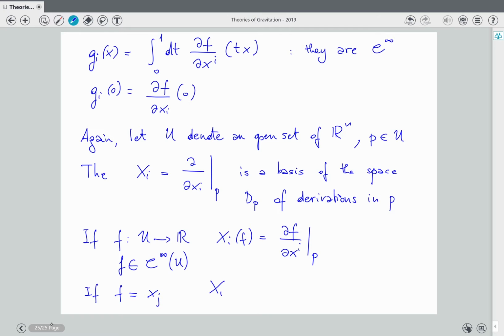Then capital Xi acting on small xj is, of course, delta ij.